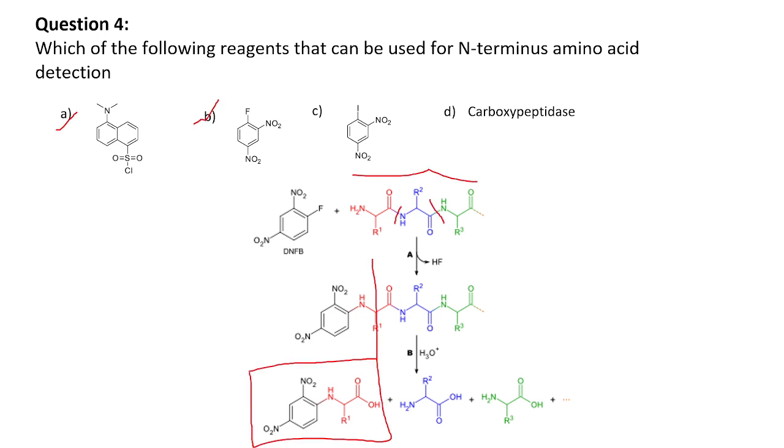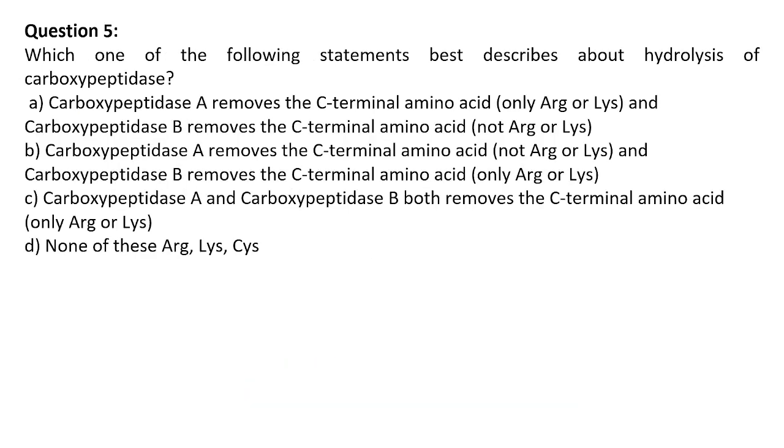Here we have a slightly lengthier question, but if you understand it, it will be much easier. It is asking which one of the following statements best describes the hydrolysis by carboxypeptidase. Carboxypeptidase is an enzyme which cleaves the amide bonds, so it is asking what is the true statement for carboxypeptidase.